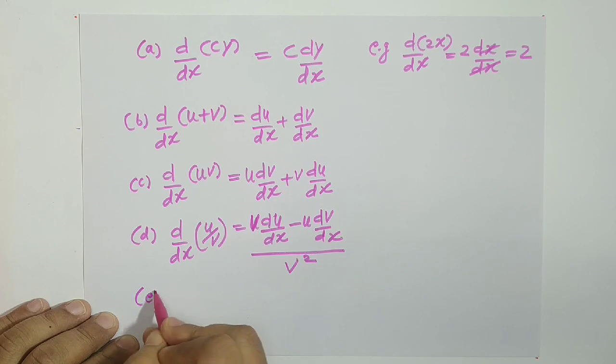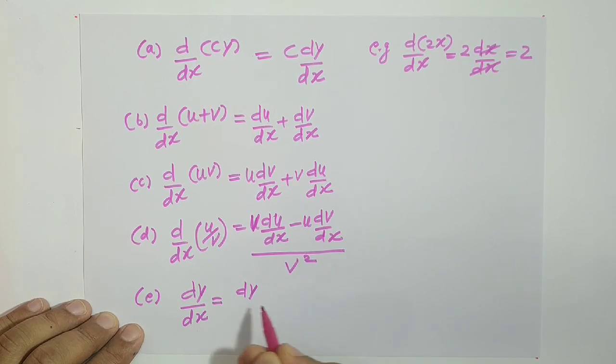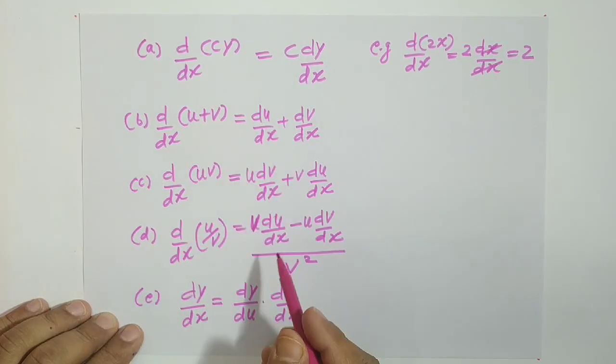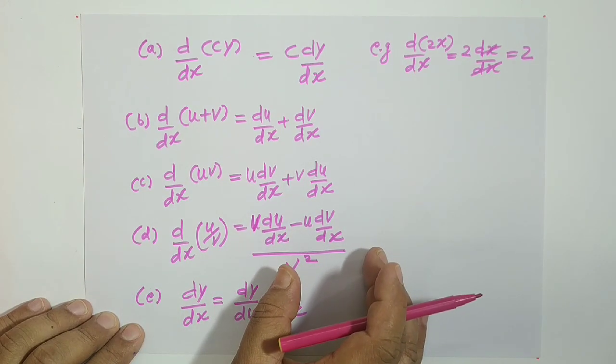And then last is, if I want to write dy/dx in another way, can I write dy/dx like dy/du into du/dx? Are you getting it? It can cancel out. So these are the things which we are going to follow in further calculus methods.